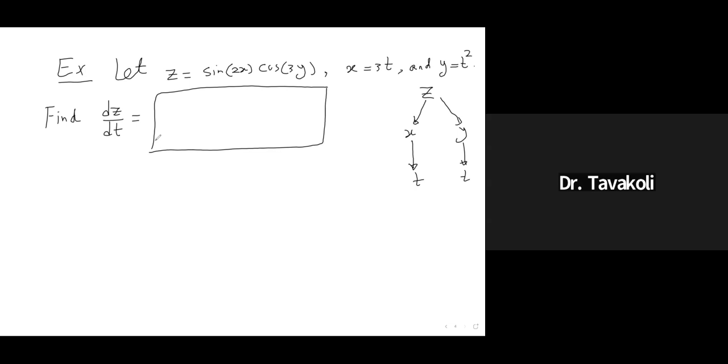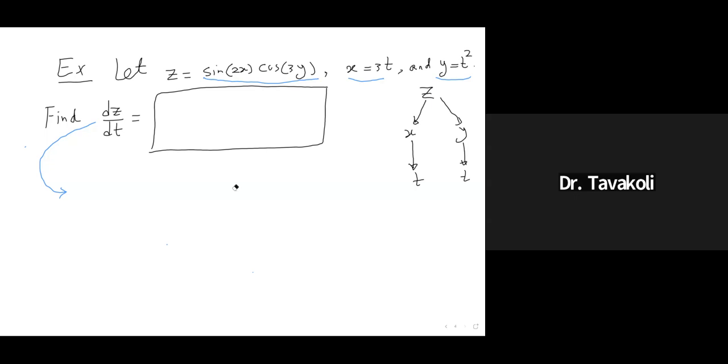Okay, so I need the chain rule here. Again, please pause and try to do the example on your own, and then compare your answer with my answer. So we should use the chain rule.